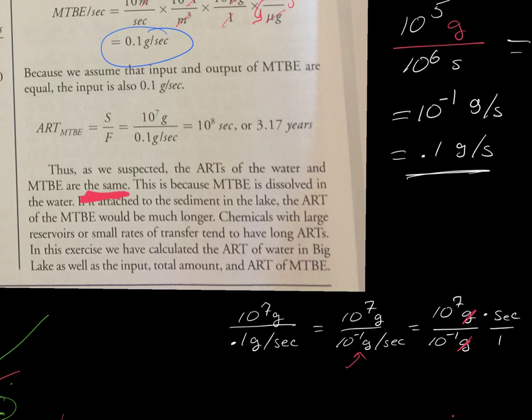And anytime you divide, you're subtracting. So 7 minus negative 1 equals 10 to the 8th. And what is the unit? Seconds. And that's up here. So 10 to the 8th seconds is correct. So we're good. They did this correctly.